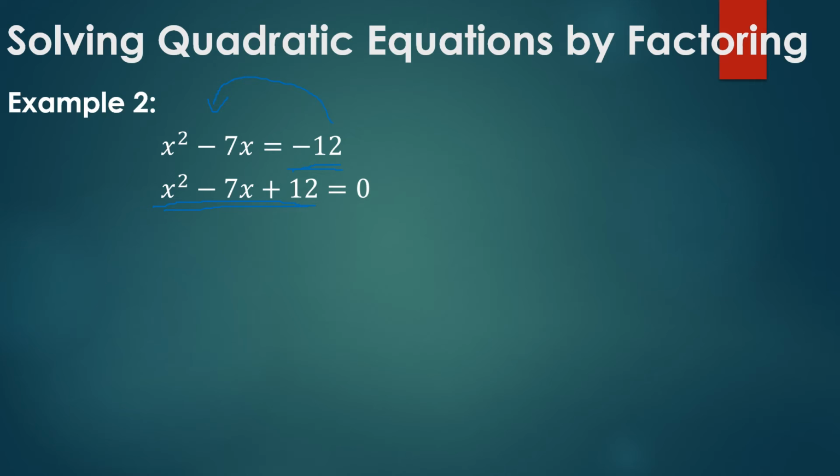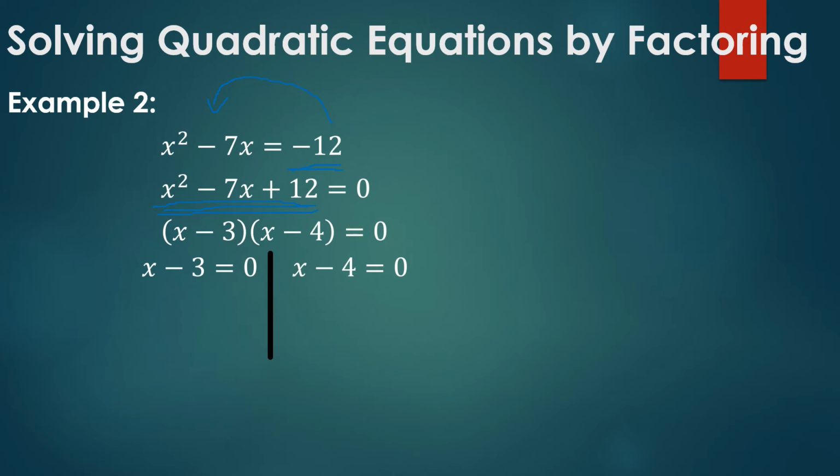I will leave it to you how to factor a trinomial. The factored form of x squared minus 7x plus 12 is equal to x minus 3 multiplied by x minus 4 equals 0. By applying the ZPP or zero product property, we have x minus 3 is equal to 0 or x minus 4 is equal to 0.